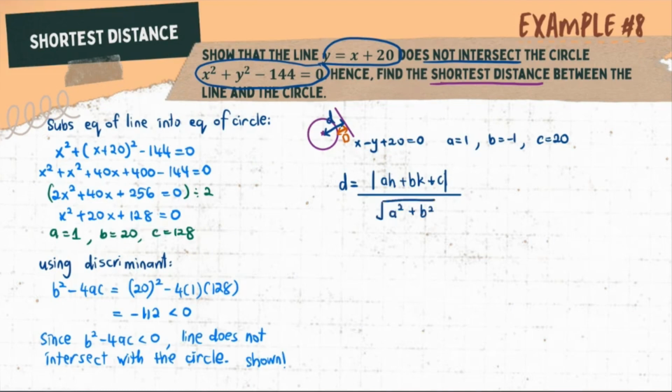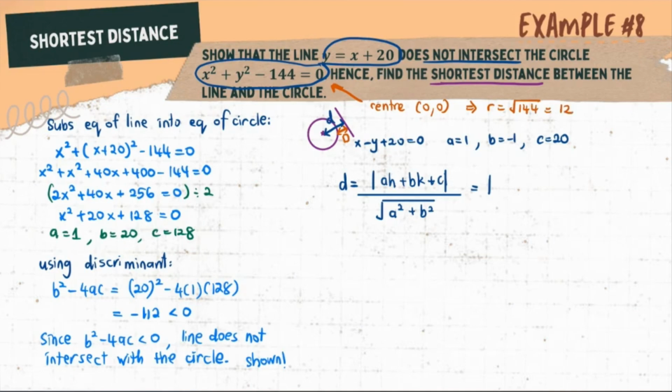So this is the formula. Let's substitute then. So center datangnya daripada sini, lupa pula. So based on this equation, kita dapat center dekat 0, 0. Dan R kita pula adalah square root of 144 which is equals to 12.